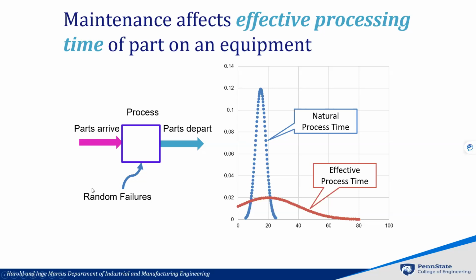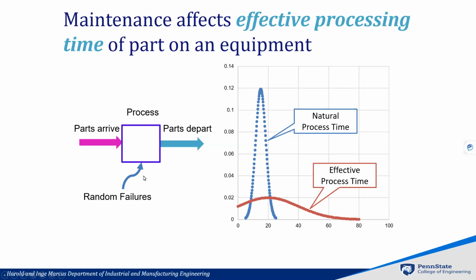What happens is this equipment can experience random failures, and this is what we can try to counter with smarter maintenance. Now, what is the consequence of these random failures? I'm going to try and illustrate this with a little cartoon here on the right side of the slide.